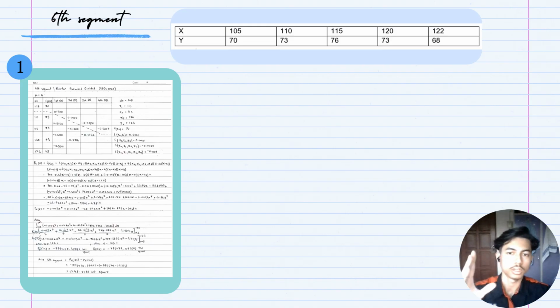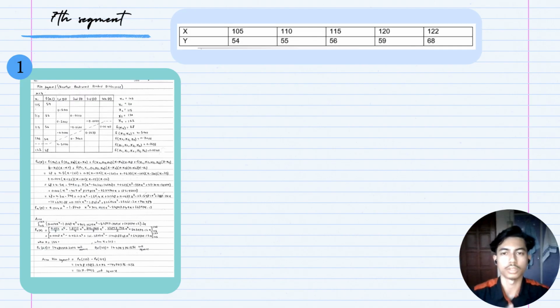Also the same, do the table, then expand the equation and integrate to find the area. The area is 1248.5138 unit square.